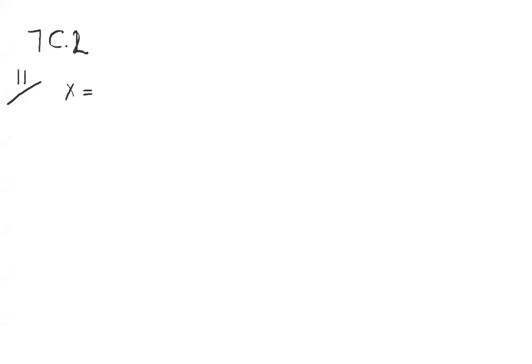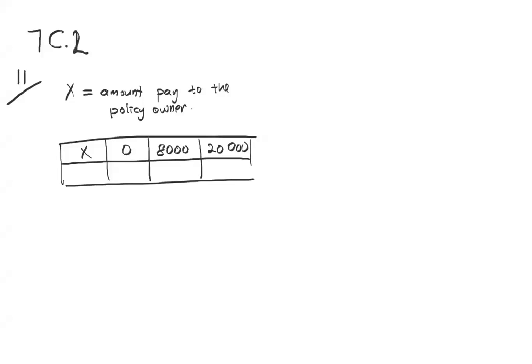Discrete random variable, value, probability for X equal to x. We know that if a ring is lost, they will pay the owner 8,000. The insurance company knows that the probability of theft is 0.025.